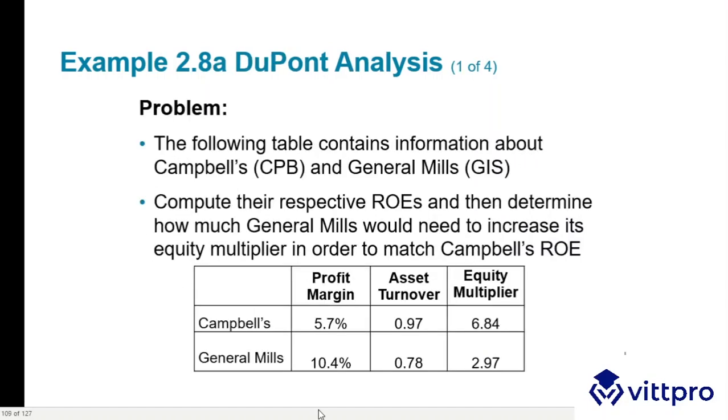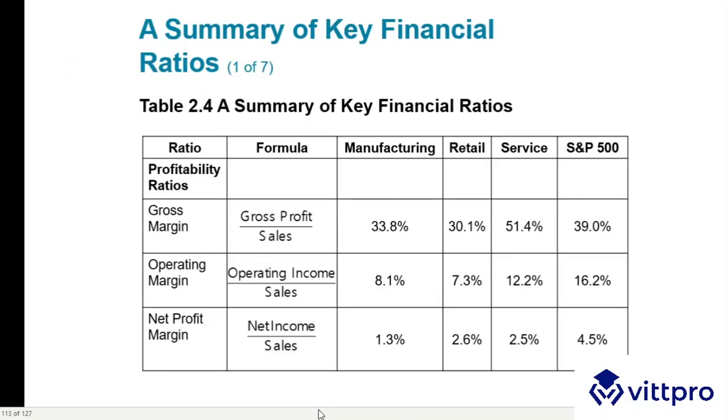Same problem again, so we don't need to recalculate. So just a summary. Here are some of the standard ratios in the S&P 500 in the US. But this is old data, it's 2016 data, so it may not be relevant anymore. But if you want, you can look at the latest version of the book for the industry standards. So these are profitability ratios.